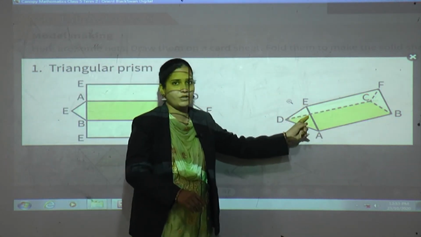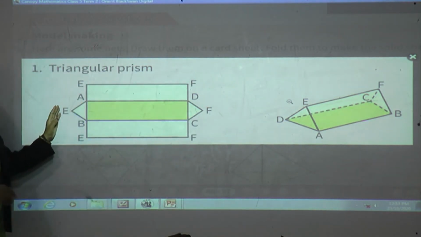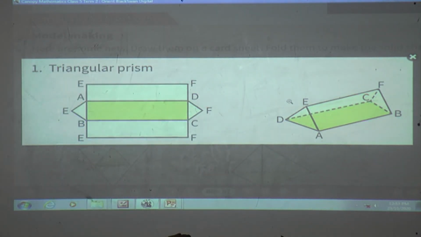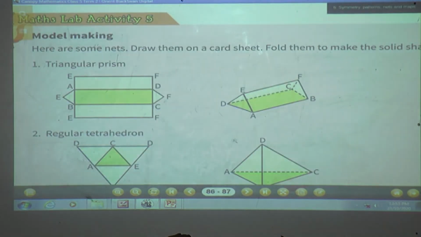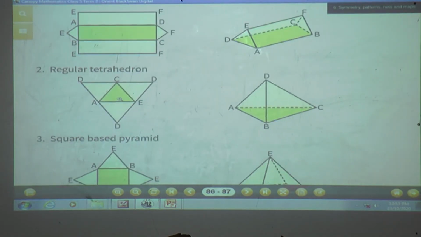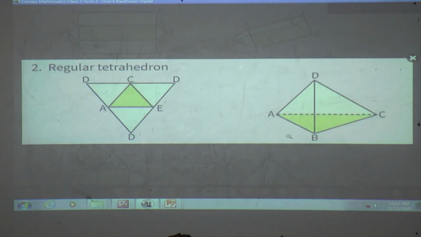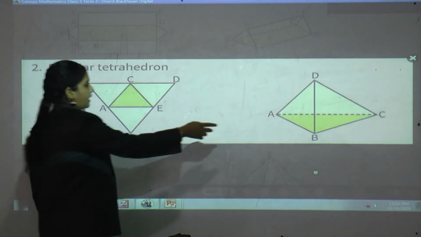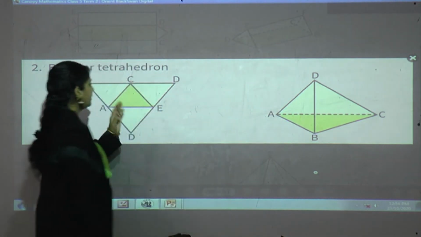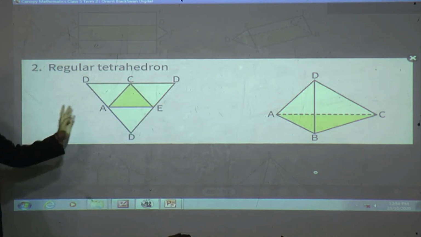That means this is the figure and this one is the net of the triangular prism. Okay, now the next one, a rectangular tetrahedron. See carefully students, this one is the figure of a rectangular tetrahedron and this is the net of this figure.